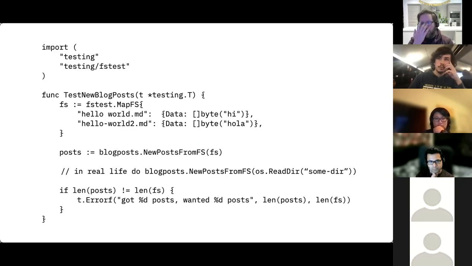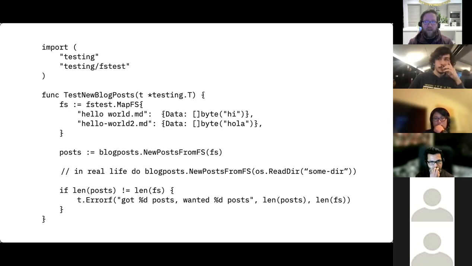So here's an example. In this example, I'm testing a hypothetical blog post package, which will take some posts from a directory of files. And what's nice about this is rather than having to maintain some test directories of files or multiple directories of files for multiple tests, I can just simply construct a map of a virtual file system in order to test the behavior I want.